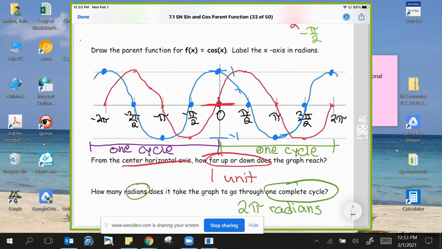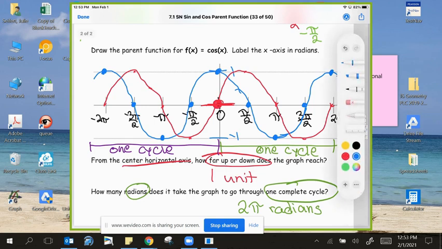Everybody tell me, what is sine of 0? 0. So sine of 0 is 0. What is cosine of 0? Cosine of 0 is 1. So where these graphs start is the key difference between them.